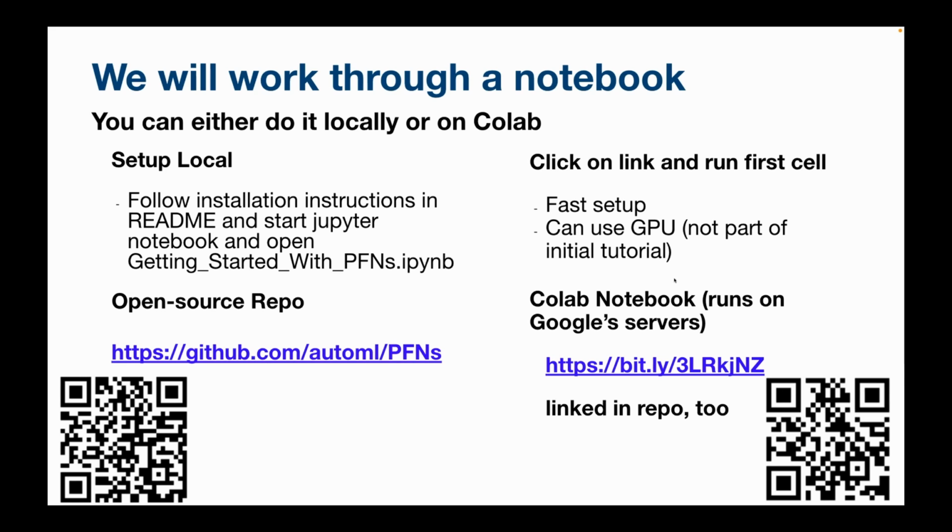For either of these cases, you can use this domain as well. You can go to AutoML/PFNs, with uppercase PFN and lowercase s, and there's a link to the Colab there. I showed a lot of links to the AutoML GitHub now. You probably know this, and then you go to PFNs there and click on the link for a Colab. I can do it here so that you see it.